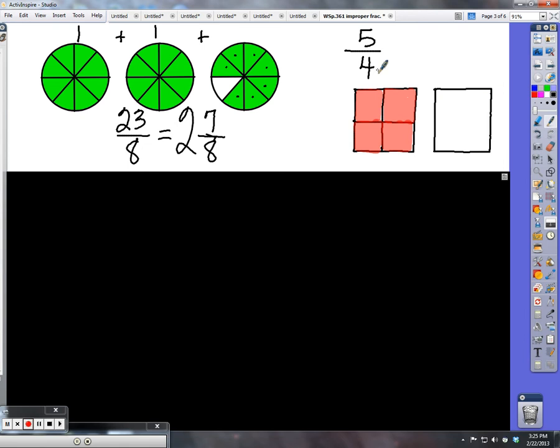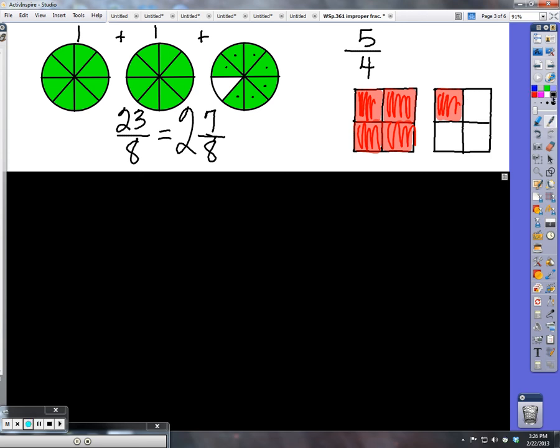And once again, I have to, according to the denominator, divide it into 4 equal parts, and then I can continue. So I had 1/4, 2/4, 3/4, 4/4, and now 5/4. So this is what my model would look like if I was given the improper fraction.